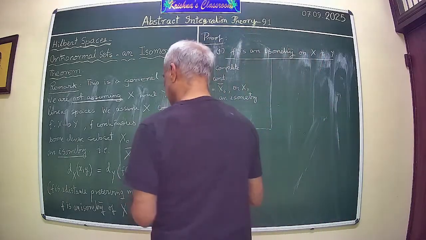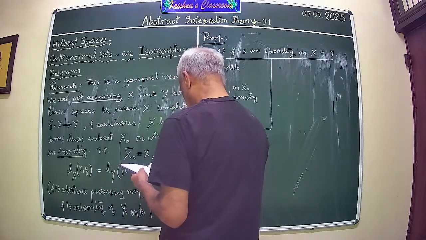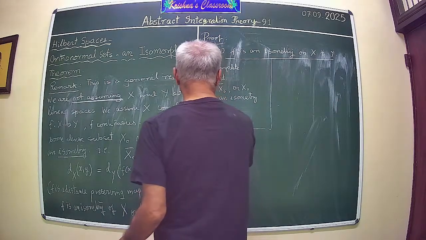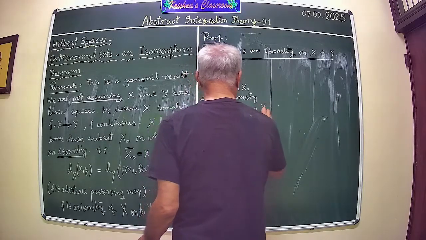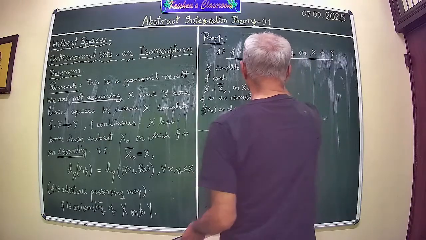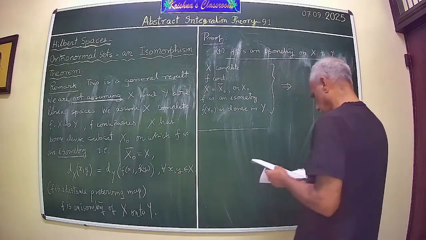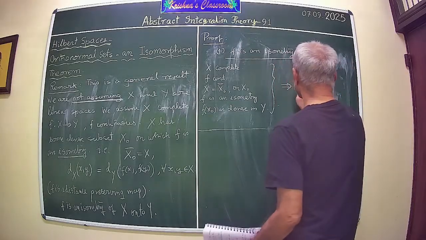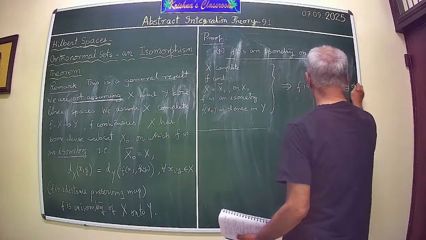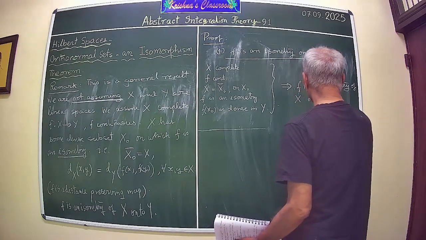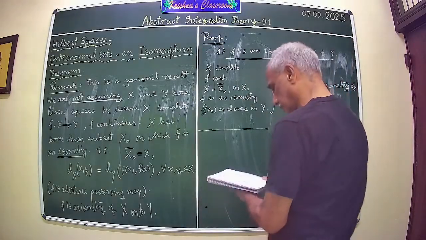Finally, with these assumptions, we can conclude that f of X is Y. So we first prove f is an isometry. What do we have to prove?